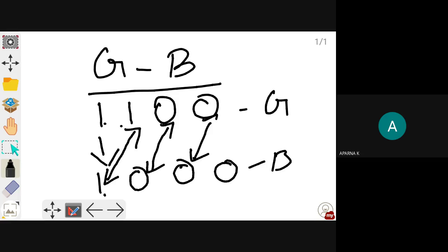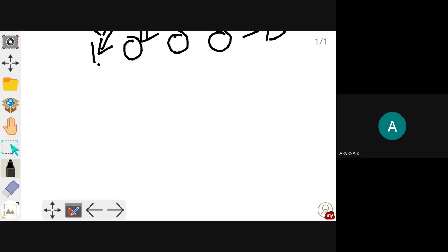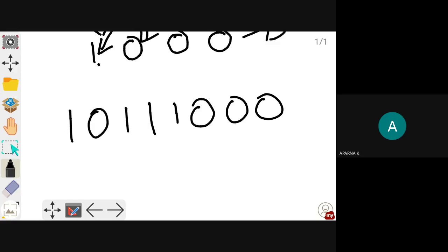So in the university exam, they may give any number of bits. They may ask you to convert either gray to binary or binary to gray.